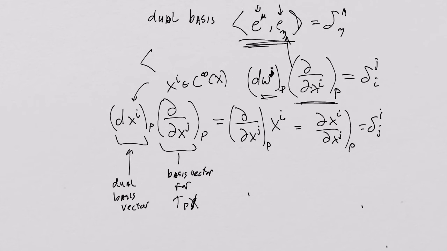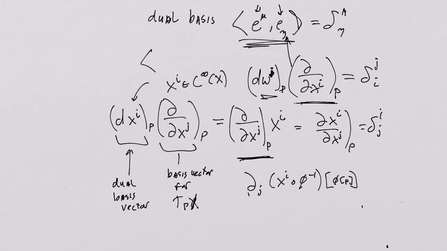Now, notice how we don't have to retreat to the definition when we do this, to ask what this thing actually means. It means d of the j of xi composed with the chart inverse, operating at phi of p. We don't have to do that here.